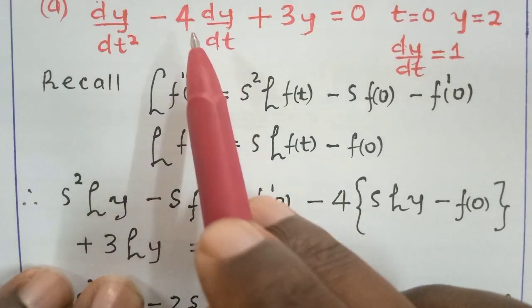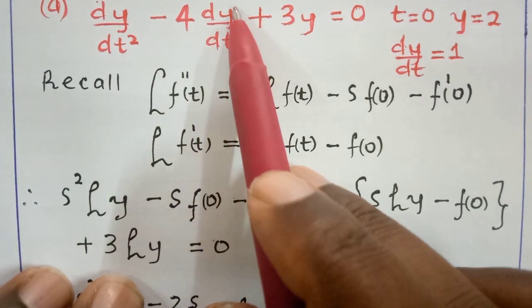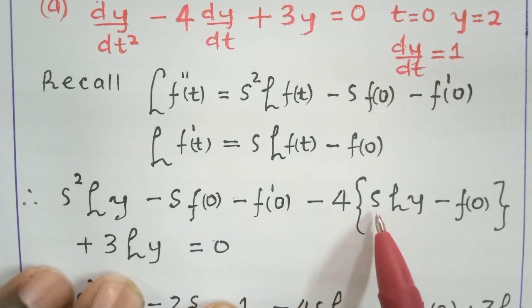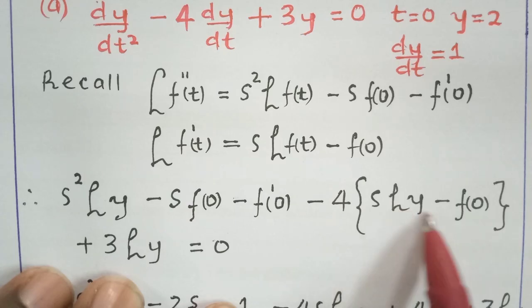Minus 4, in the equation we have 4 times the first derivative, which we write in terms of Laplace transform, which is now given by this.